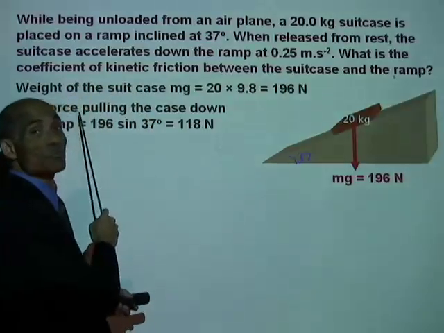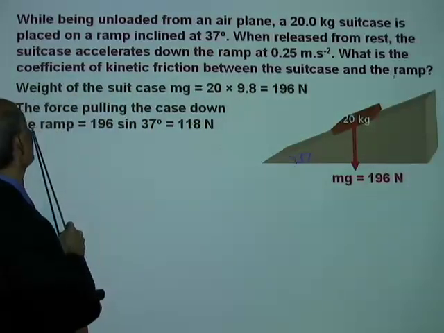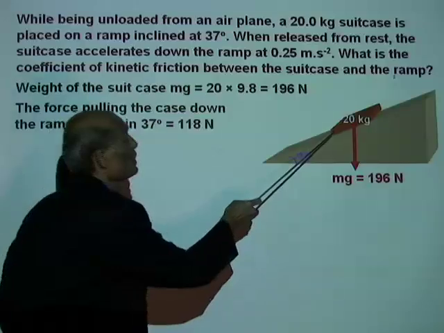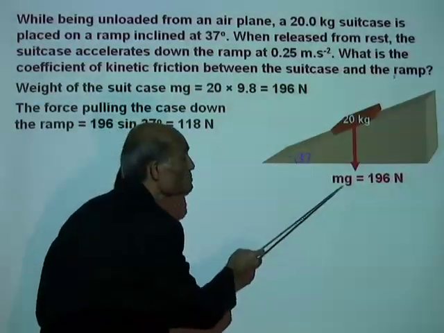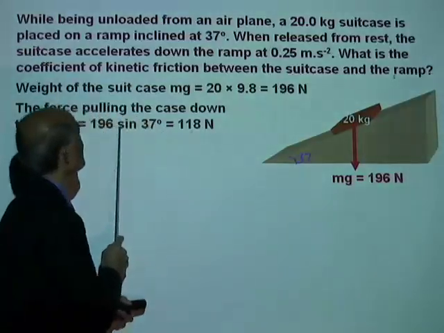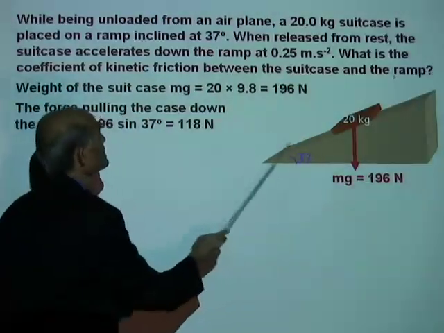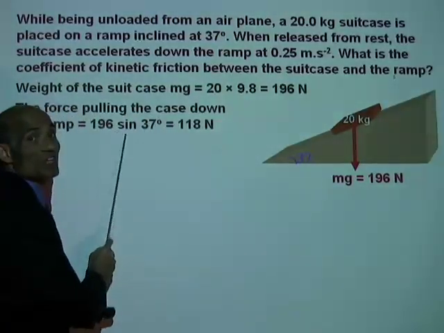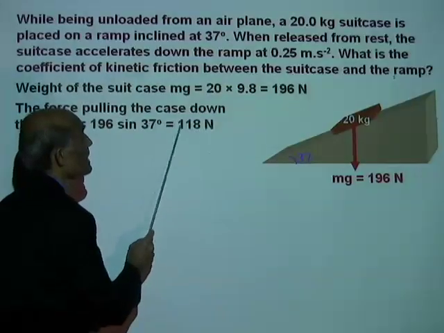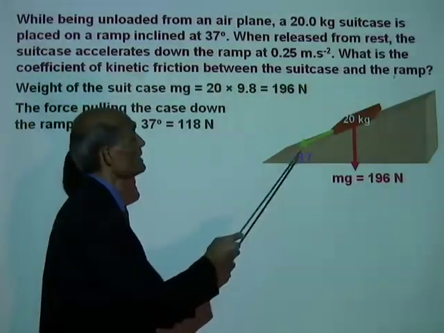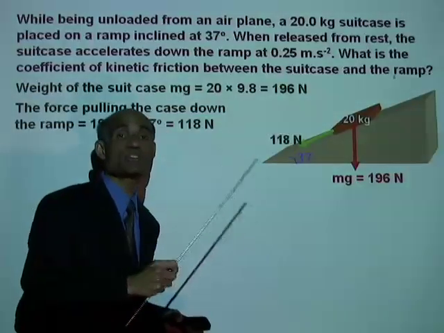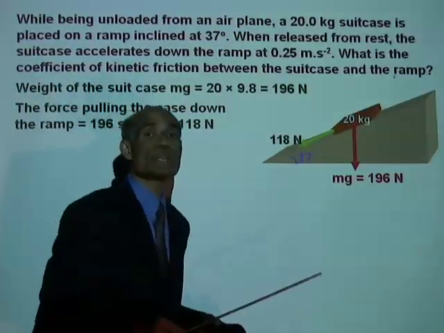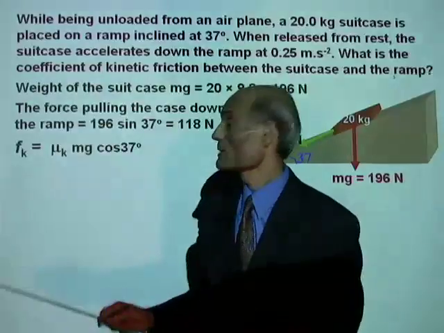The force pulling the case down the ramp will be mg sine 37. That is 196 sine 37, that is 118 Newton. So the force that is pulling the suitcase down the ramp is 118 Newton.